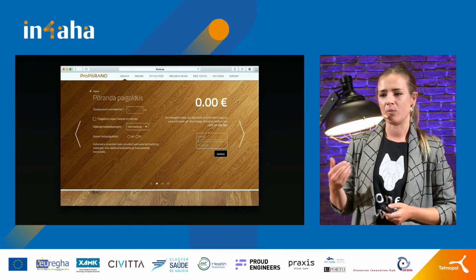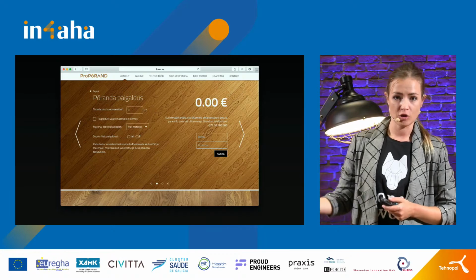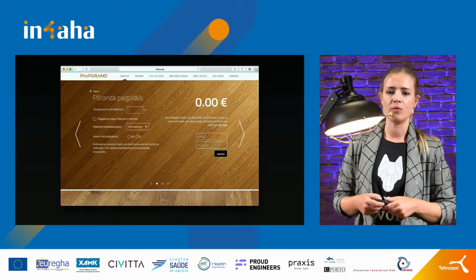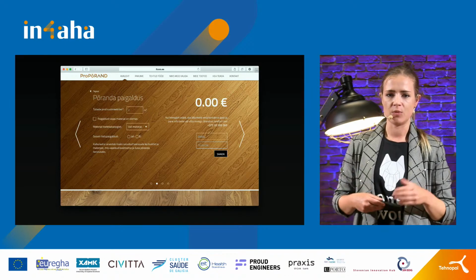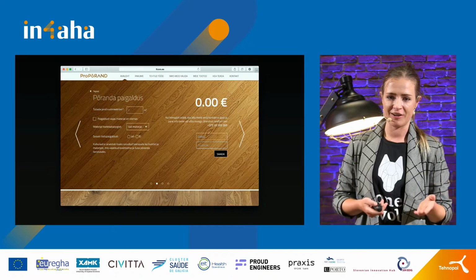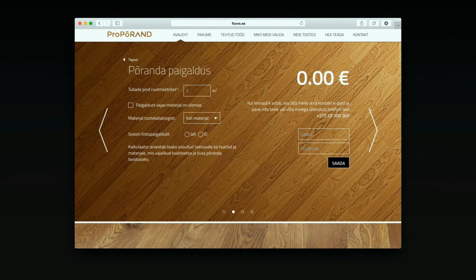What people want to know is how much it's going to cost. And one of the case studies from my own showreel is this website where we put a huge calculator to calculate the price of a flooring. And the unexpected effect for the business was that every single competitor in the Estonian market sent their end customers to calculate the price on this particular website.